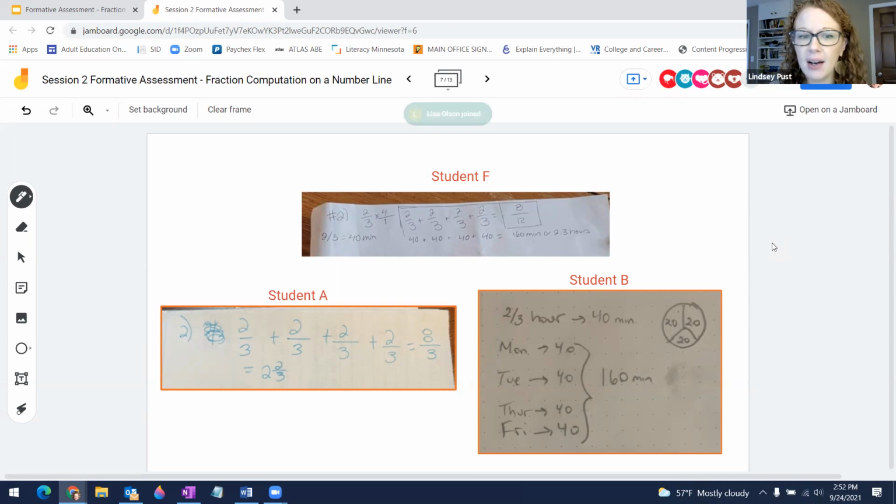You can unmute and share. You can write something on the Jamboard or in the chat. But is there a student you would call on first or show first, and why? And then where would you go from there?